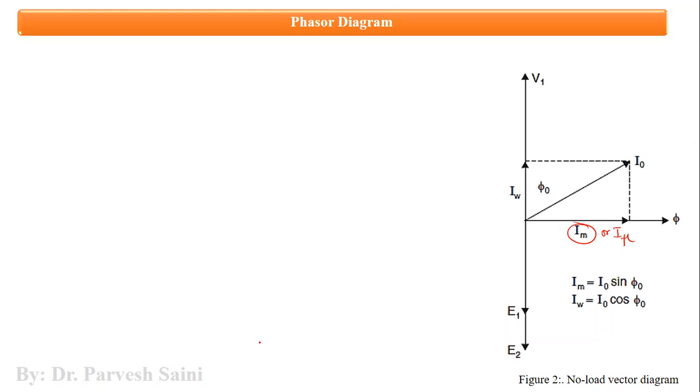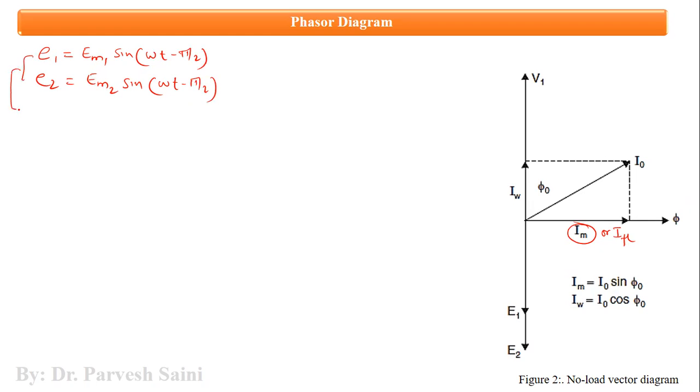Now, as you can see in the EMF equation, let us go back and see the EMF equation of the transformer. So the EMF equation was, for primary, e1 equals EM1 sine omega t minus pi by 2, and e2 is EM2 sine omega t minus pi by 2.